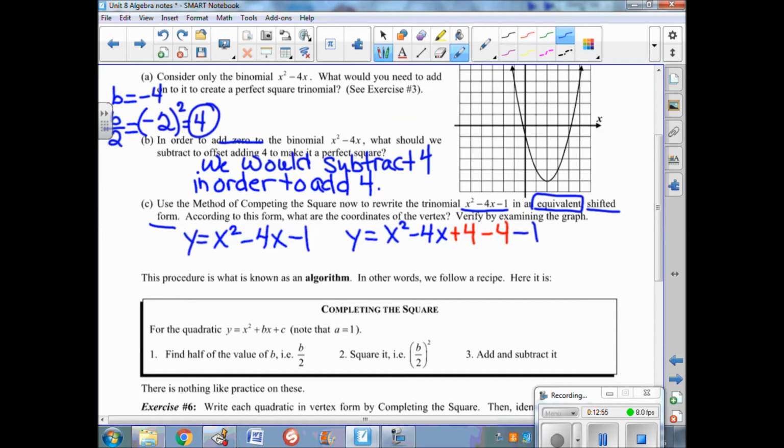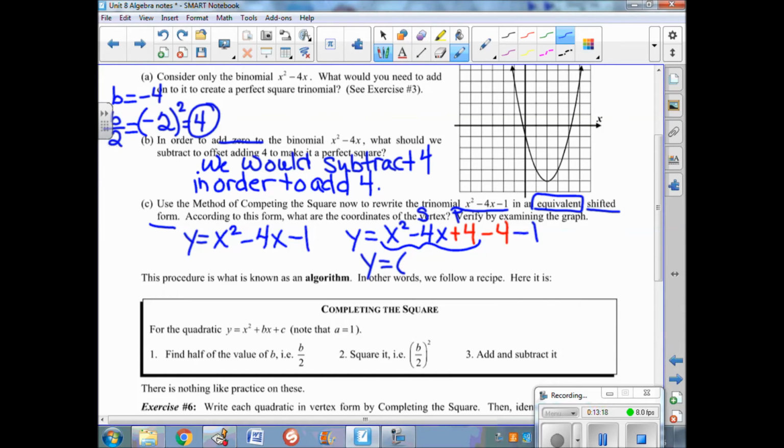So now what we need to do is look at this fine and dandy little perfect square trinomial that we just created. Now let's factor that into perfect square form. What does what I have in brackets factor into? Sum and product.